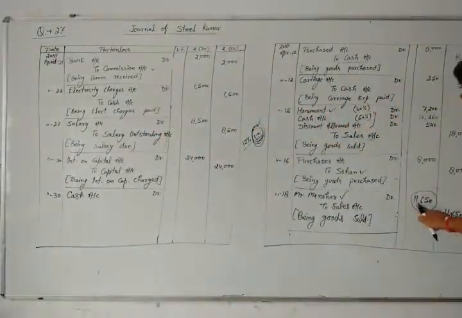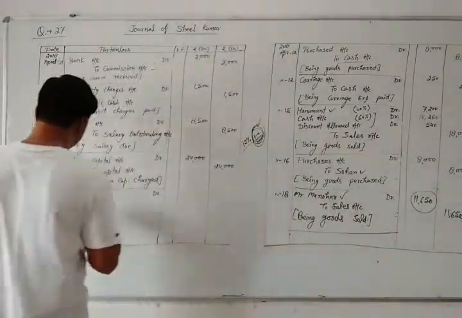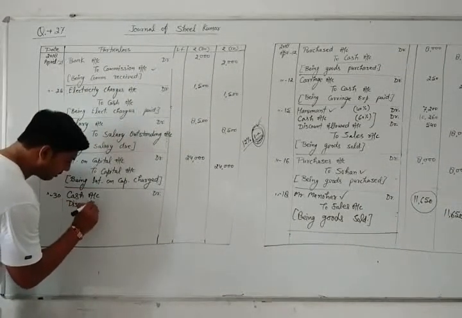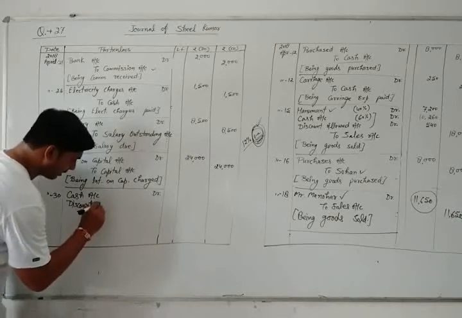So it means 11,650 was to be paid and we are receiving only 11,500. So what amount is left? 150. So where has that 150 gone? That is discount. So what we are receiving is the less amount which we would have received.